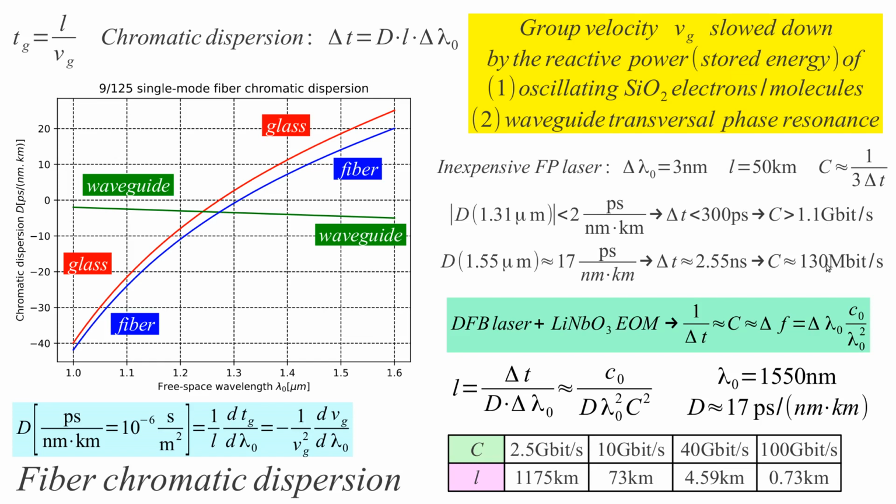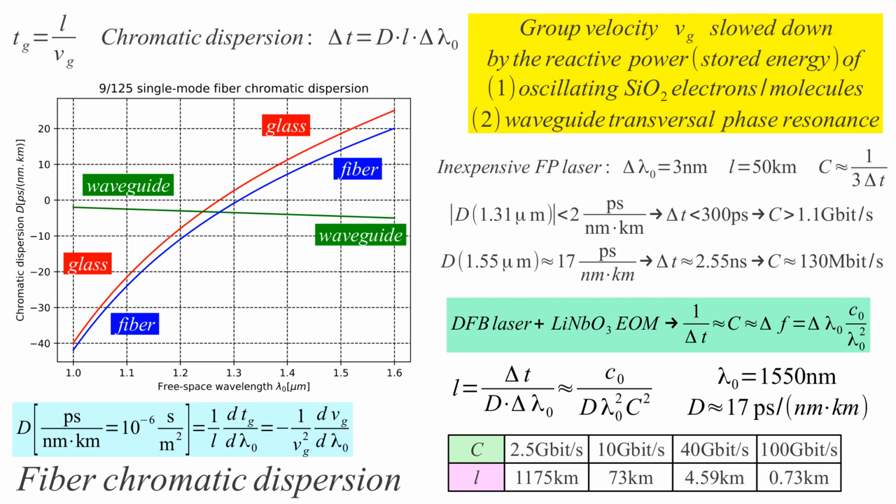Even if we do the best possible things, so we use a separate, very narrow line laser. A DFB laser has a very narrow line, measured now in megahertz, no longer in gigahertz, and an external modulator. So our bandwidth of the signal is simply equal to the capacity of the signal, because we have no noise added by our transmitter, just modulation bandwidth.